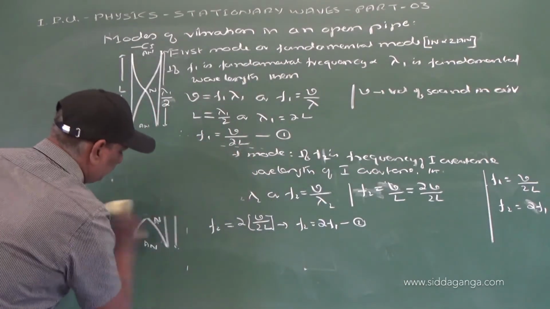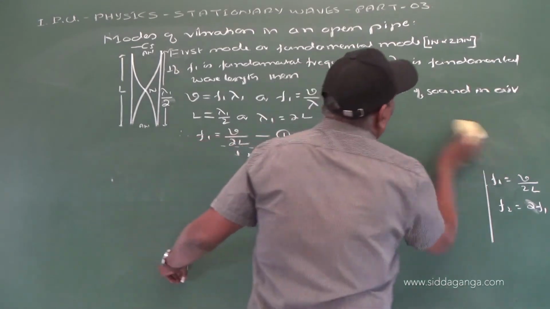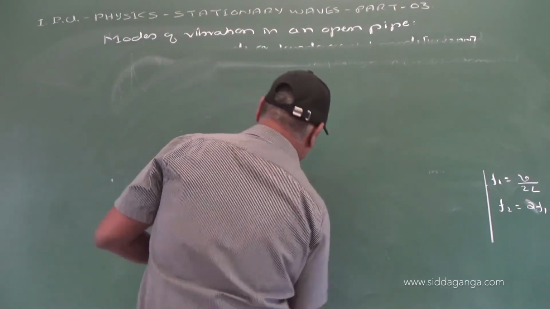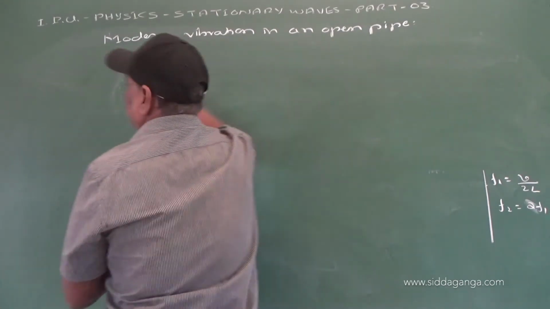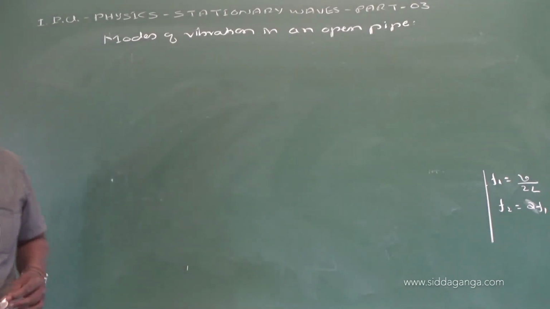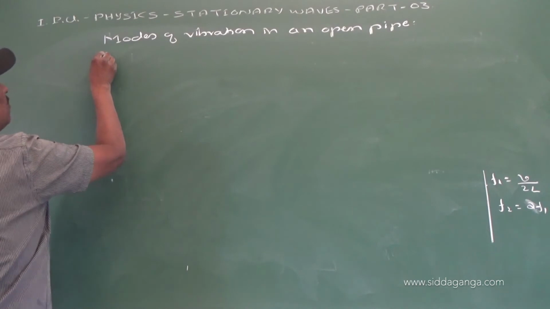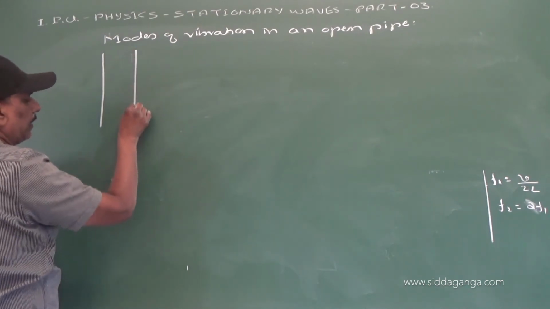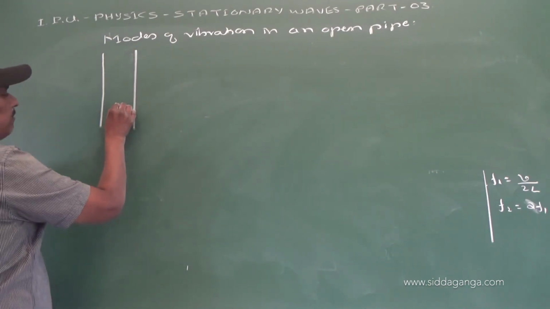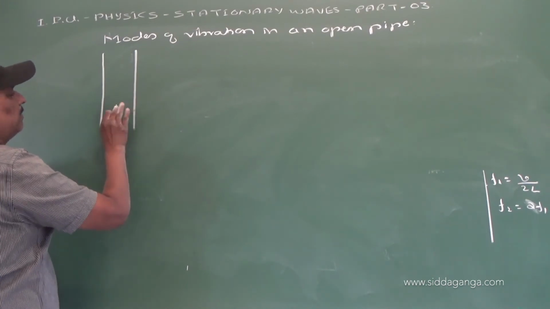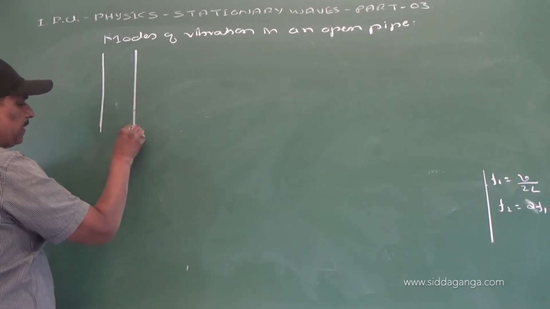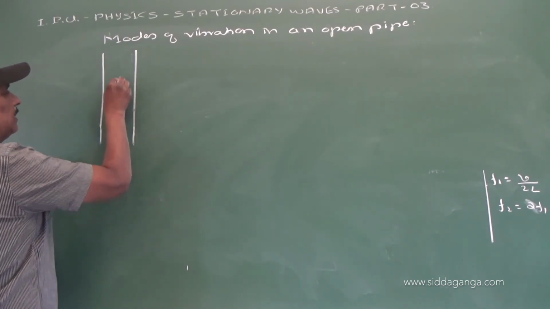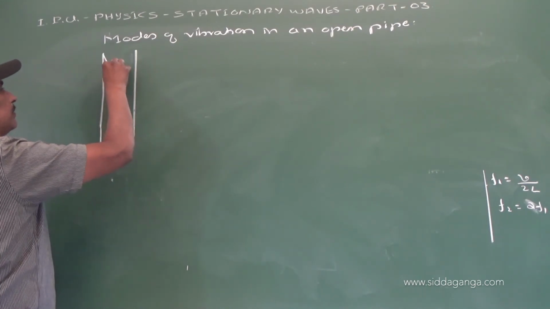Now, in the third mode of vibration, we have 3 nodes and 4 antinodes.